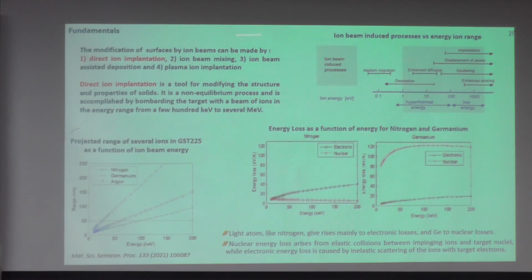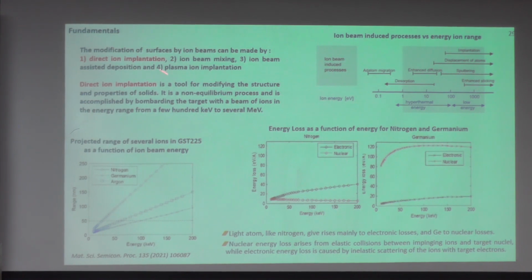The modification of surfaces and solids by ion beams can be made by direct ion implantation, ion beam mixing, ion beam assisted deposition, and plasma ion implantation. I will not consider all of them. My focus today is on direct ion implantation.